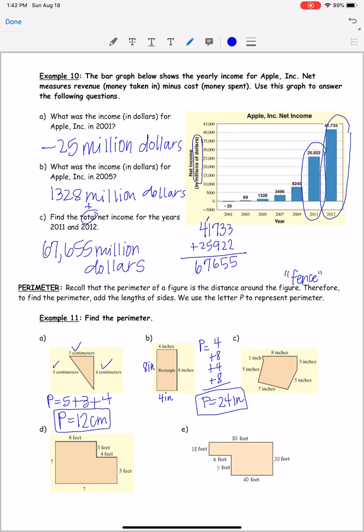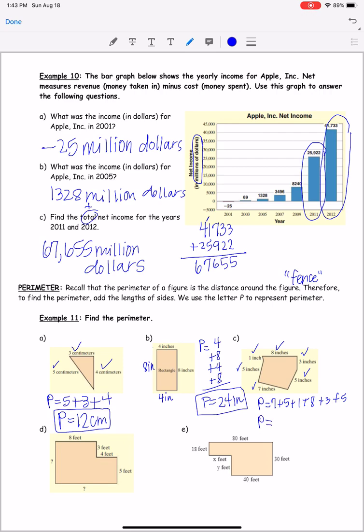See, now we've got a lot of sides on this one. My perimeter is 7 plus 5 plus 1 plus 8 plus 3 plus 5. All right, so let's add.